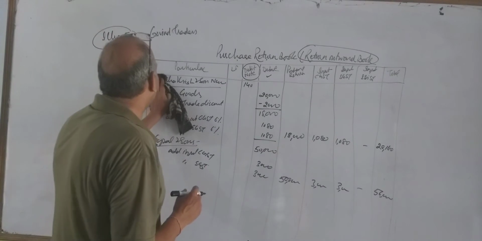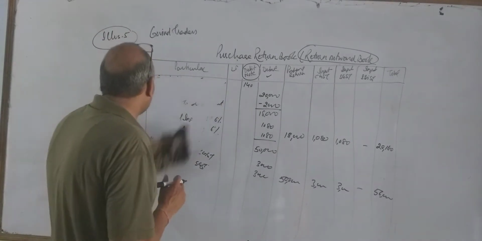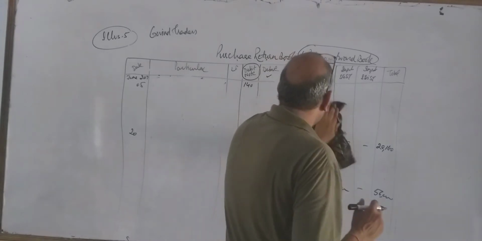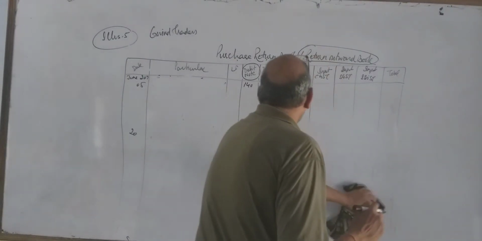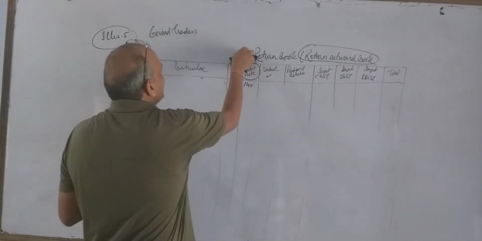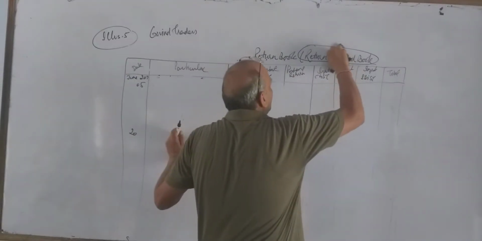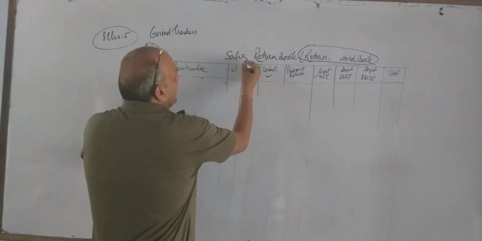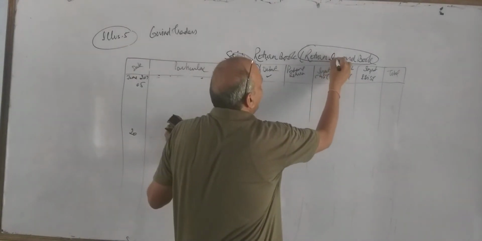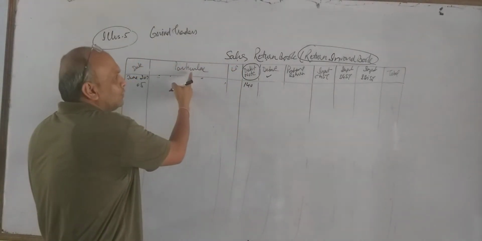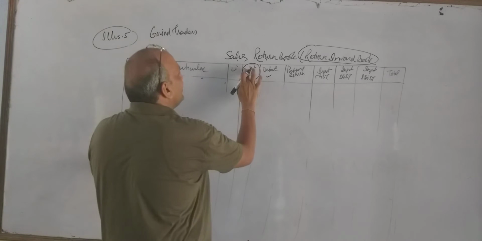And in the same way, we are going to prepare the sales return book. Let us see, the format will remain the same. It will be the sales return book, or it is known as return inward book. Date, particular, ledger folio.